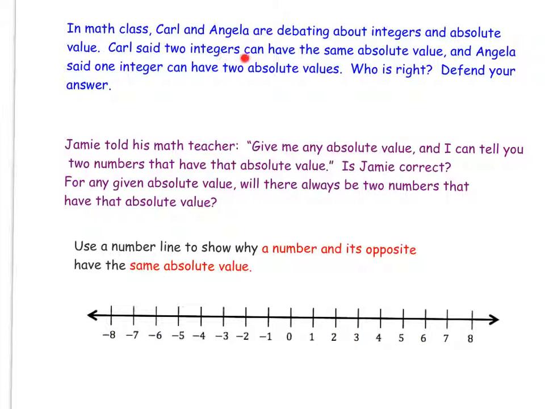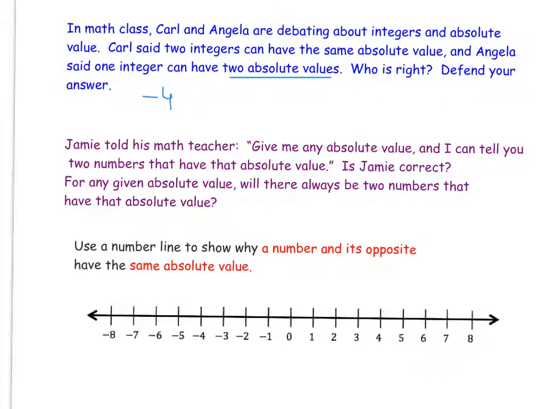So, I want you to think about this carefully. Can 2 integers have the same absolute value? Or can 1 integer have 2 absolute values? So you have to think about what that absolute value means. It means the distance from 0. So if we had 1 integer, let's say it's -4, could we have 2 different values showing the distance from 0?